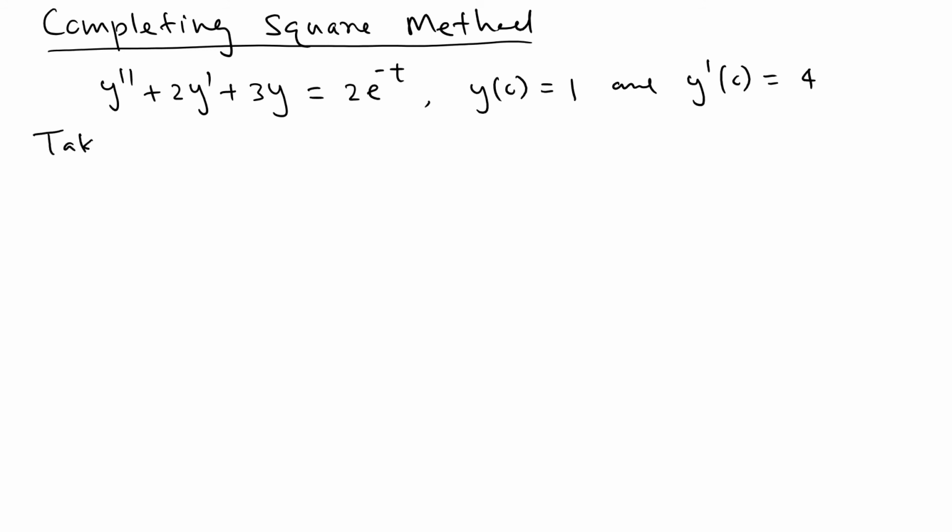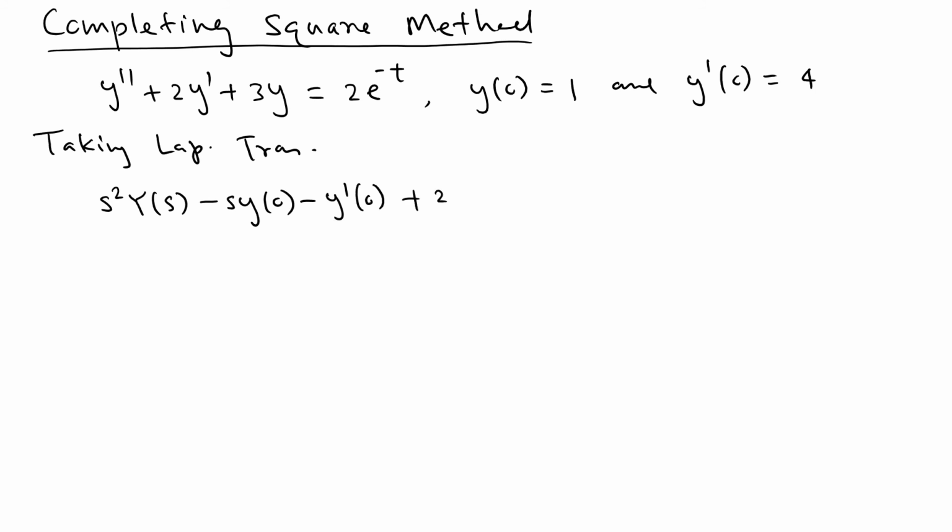So taking the Laplace transform, we have s squared Y(s) minus s y(0) minus y prime(0), and then plus 2 times s Y(s) minus y(0), and then plus 3 Y(s).